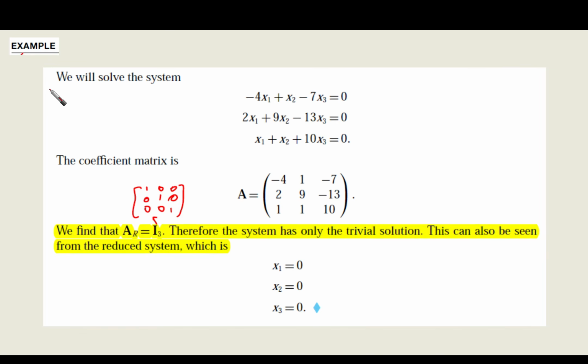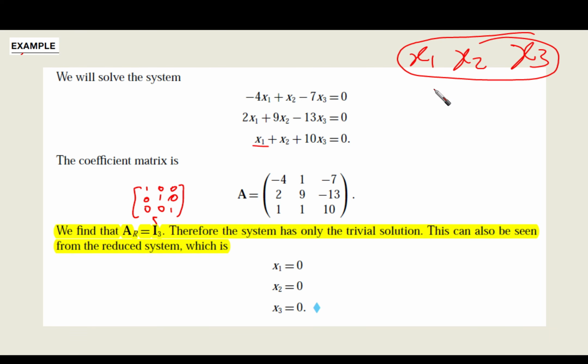Okay, now let's solve this. We will solve this system, as you can see here, minus 4x1 plus x2 minus 7x3 equal to 0. And also we have here x1, x2, x3. The number of unknowns is 3.